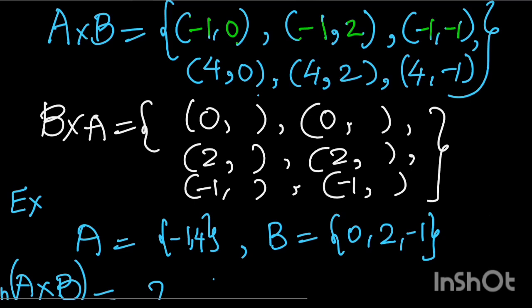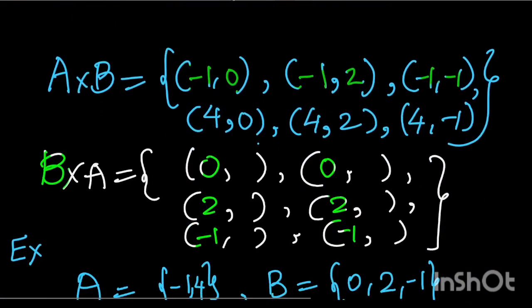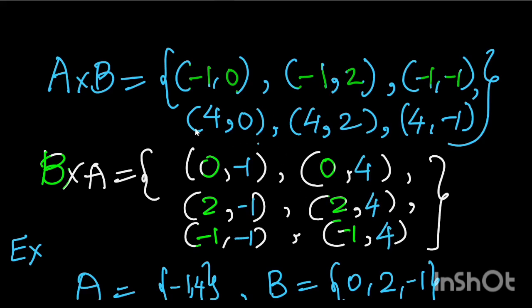First we will write the elements of set B, which are 0, 2, -1, and each we will write 2 times, because the number of elements in A is 2 only. Now we will write the two numbers of set A, which are -1 and 4, like this.